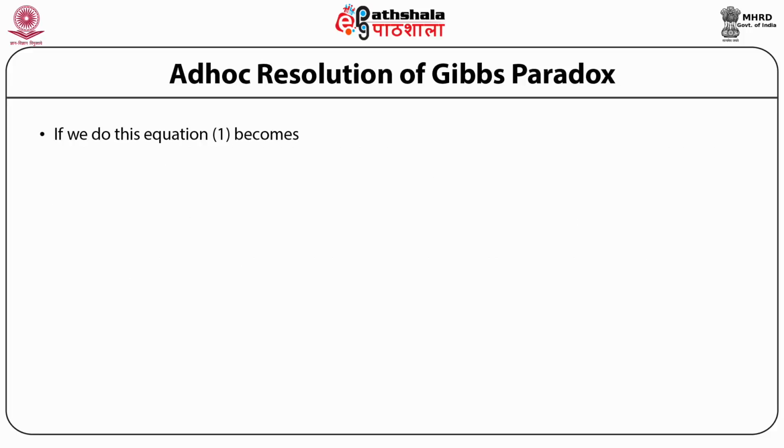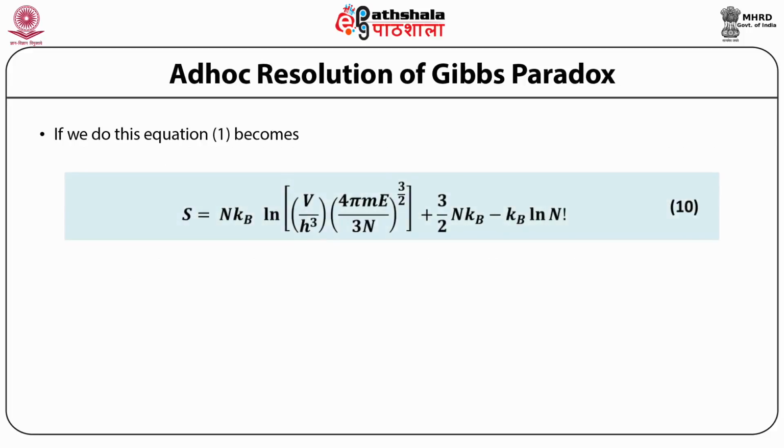If we do this, equation 1 becomes S is equal to N Kb log of V upon h cube multiplied by 4 pi m E divided by 3N raised to power 3 by 2, plus 3 by 2 N Kb, minus Kb log of N factorial.